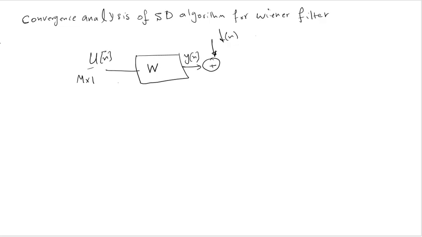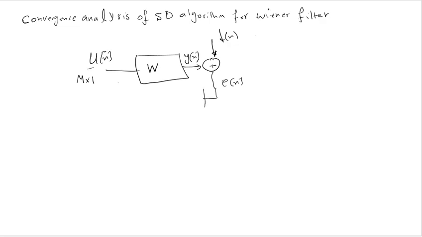We would like to find W in a way that d be close to y(n). In a perfect way, we want the output of filter equals to desired signal. Actually, we have a linear estimation of desired signal based on the input vector. Okay, we will have error.